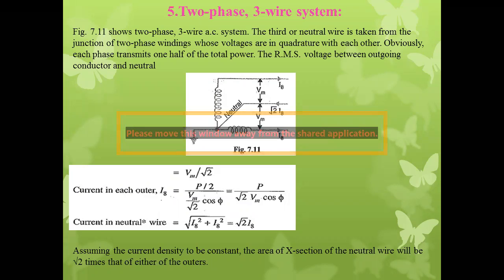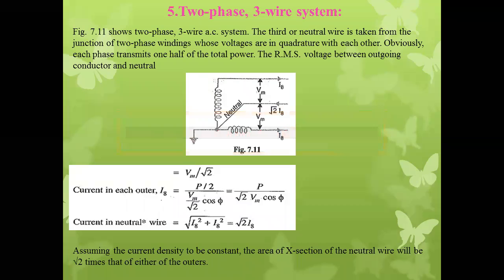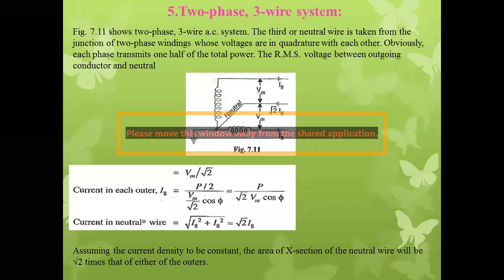As shown in the diagram, there are two wires and their common junction point is taken as a third wire, and it is treated as a three-wire AC system with two phases. The voltage between the neutral wire and the phase wire is Vm, the maximum AC voltage, and the current flowing through the individual phase is I8.